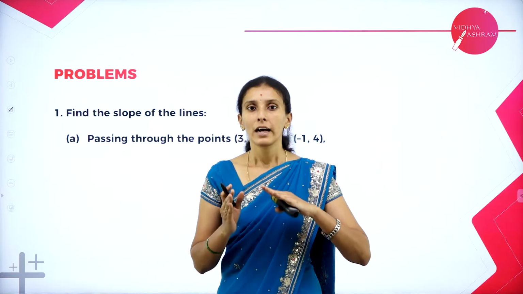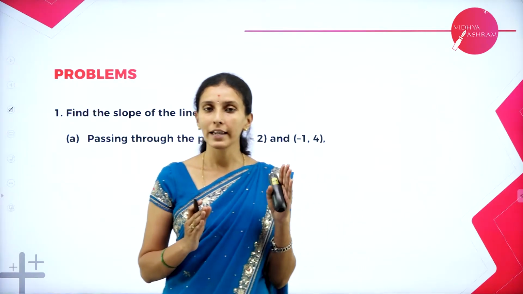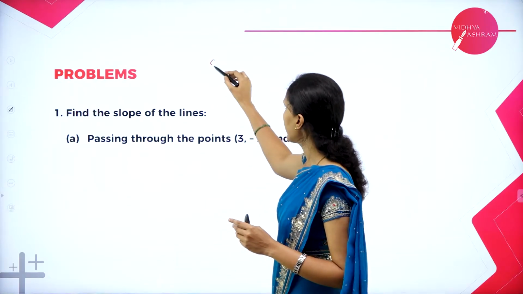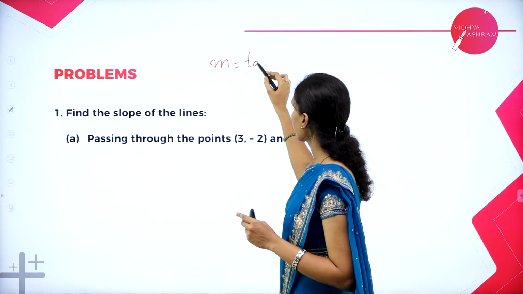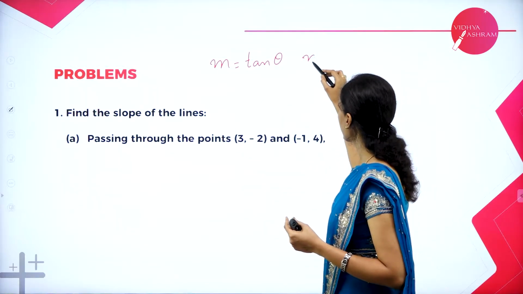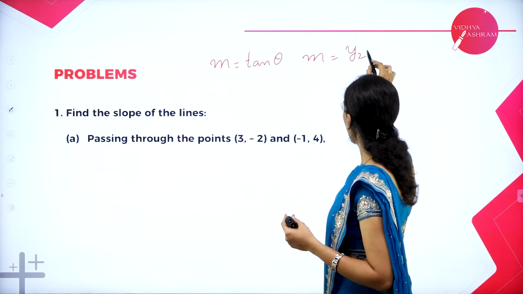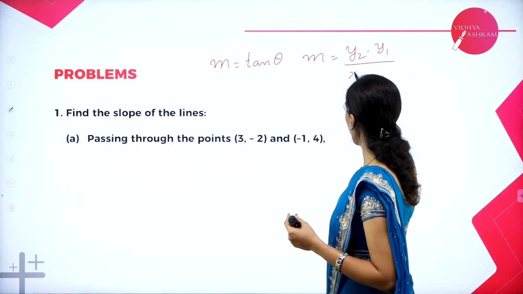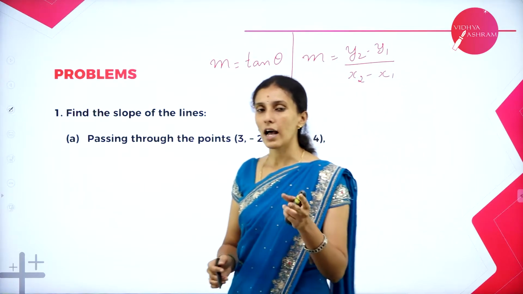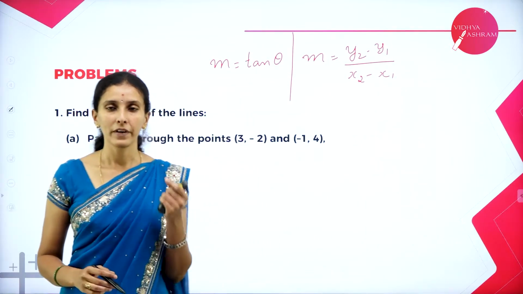Remember, for a line with an inclination theta, the slope formula is m is equal to tan theta. And if the line is passing through two given points, the slope is y2 minus y1 divided by x2 minus x1. These two formulas are used to calculate the slope of a given line.